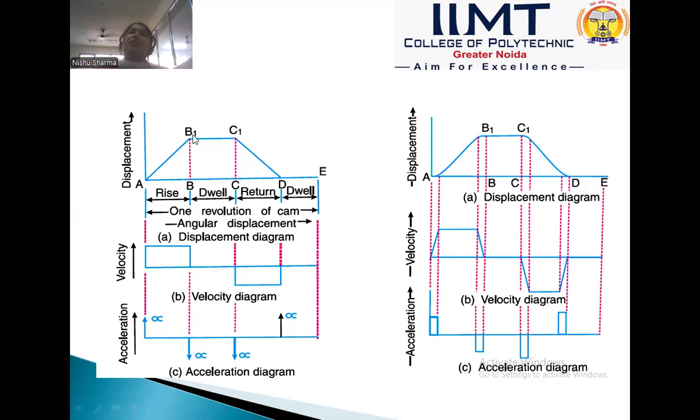And in a dwell, there is no follower motion. B1 and C1 are the same point. Only time elapses, but there is no motion of the follower. At C1 there is the return.